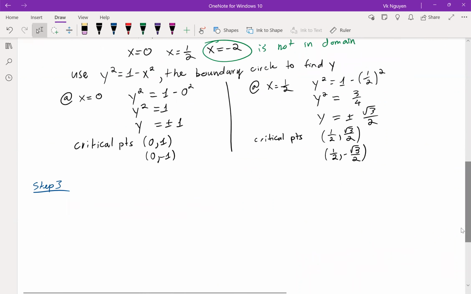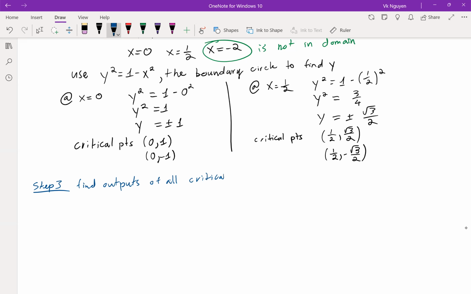In step 3, just find the output of all critical points and extreme points, and compare. One of them is going to give you the max, the other one is going to give you the min.